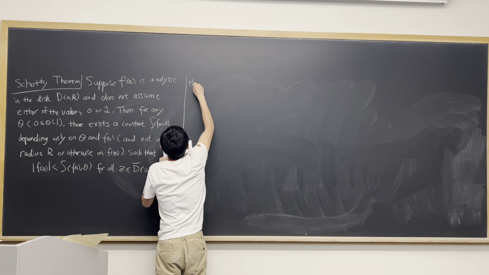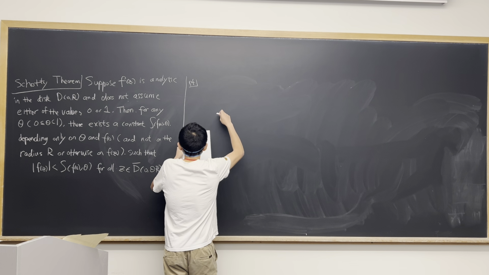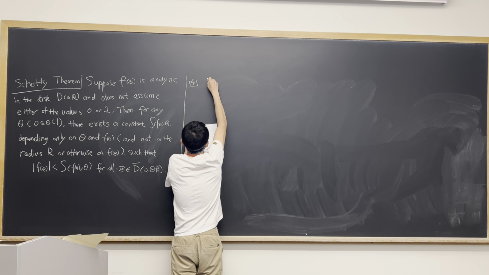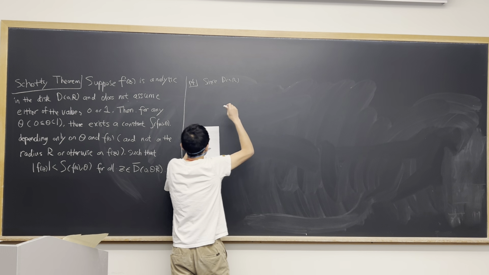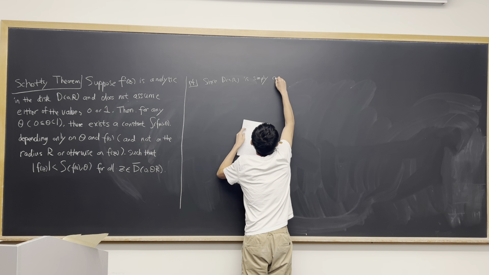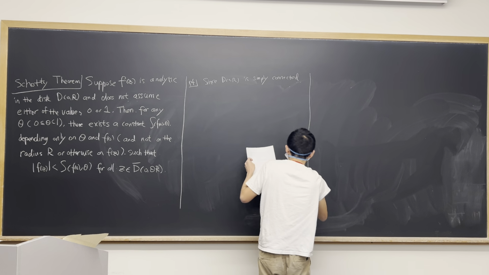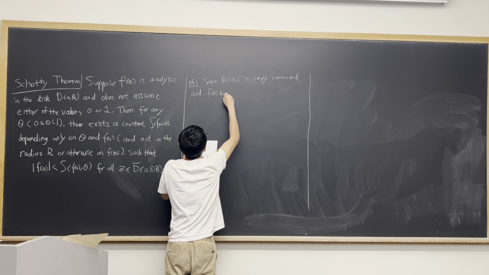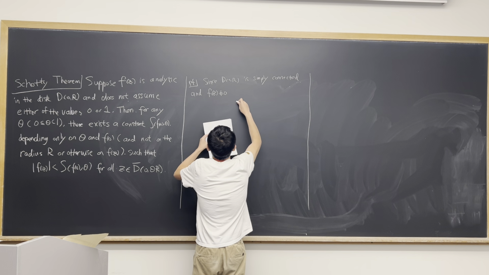Okay, so let's start the proof. Assume that, since this disk of radius R is simply connected, and this f is not equal to 0, because we assume that f does not assume value 0 or 1, so f(z) is not equal to 0.